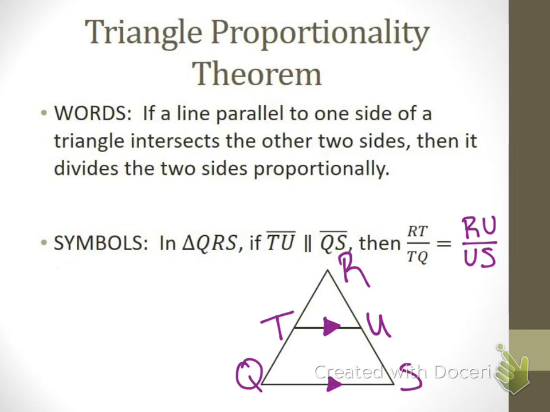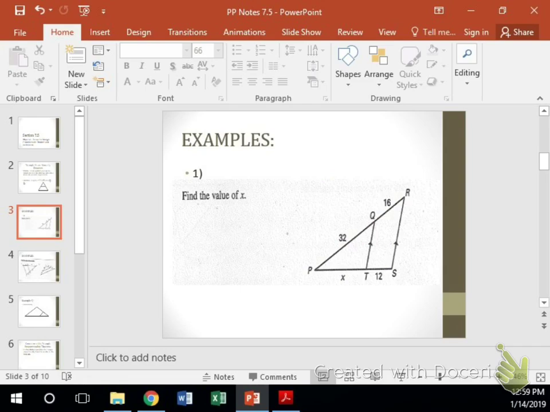Previously, we were comparing pieces to the full side, like we would compare RT to RQ. Now we're just breaking it into little chunks. All right, on example 1, we've got triangle RPS. We've also got the segment QT parallel to side RS.